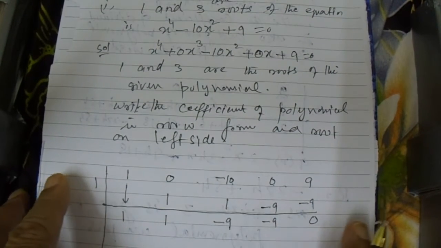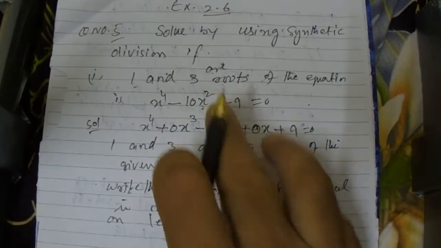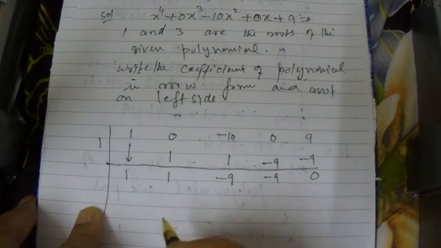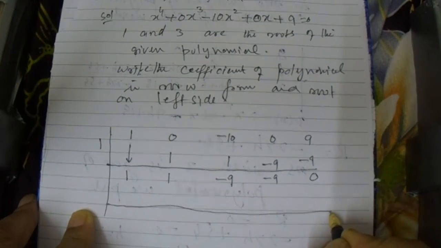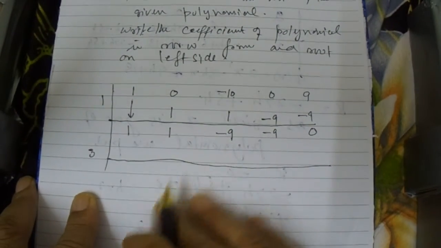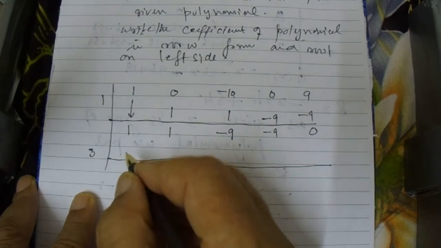Now we have the depressed equation of the given equation, reduced to third degree. Now the second root we write here also, and we continue this process. The second root is 3, and we continue this process and depress this equation into a second degree equation.